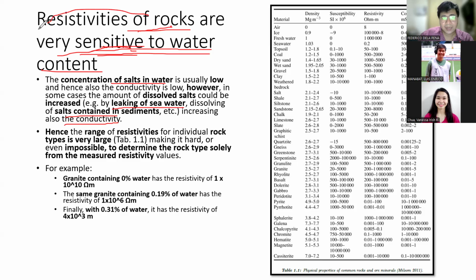And again, I'm gonna hammer this statement: resistivities are very sensitive to water content. And the implication of that is that the range of resistivities of rocks and soils are actually very large because of this factor. And it makes it almost impossible to actually determine the rock type just based on the measured resistivity values.